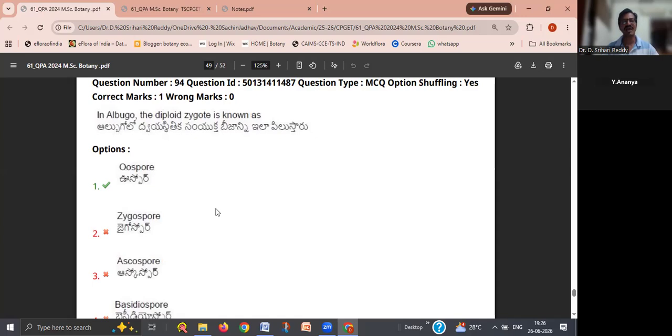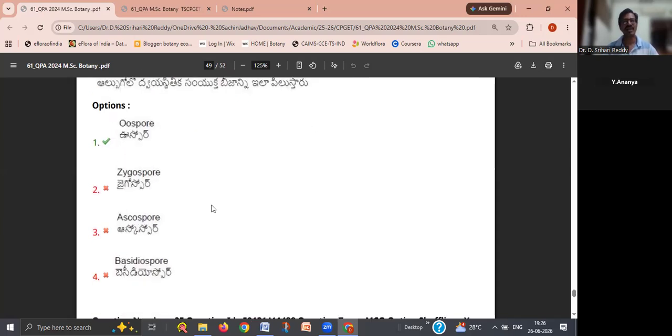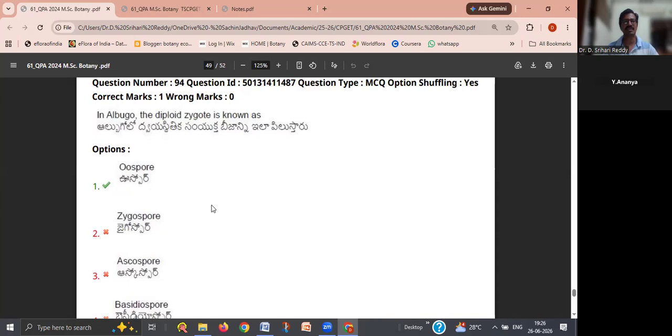In the fungi, there are different varieties of spores. In the Phycomycetes, these diploid zygotes are called oospores. Albugo belongs to Phycomycetes. The diploid zygote of Albugo is called oospore.